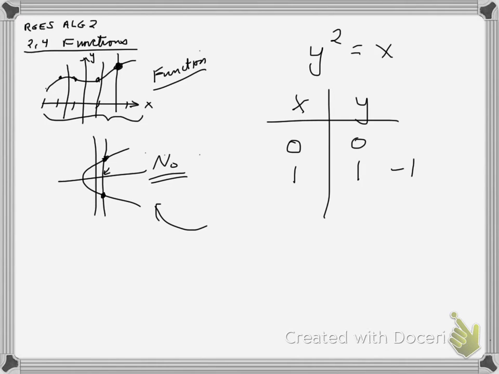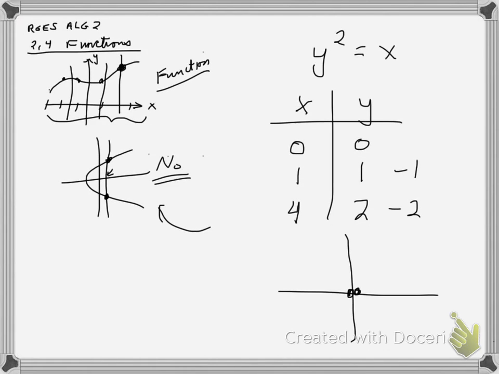What if I have a 4 here? What do I need to square to get 4? Well, I could square a 2, but I could also square a negative 2. So that's really all I need to do to graph that. 0, 0. If I have 1, the value would be positive 1 and a negative 1.